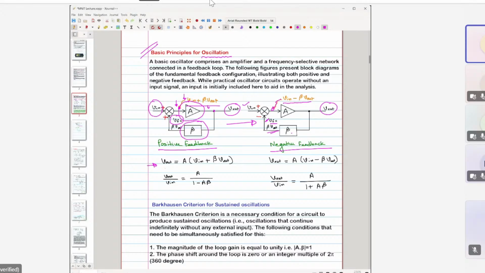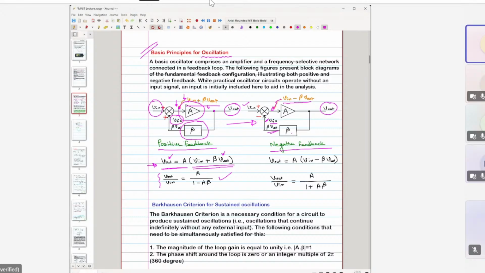So you can see the output voltage V out is equal to A, the gain, times the input. The input here is V in plus beta V out. Now you can see you have V out on both sides. If you take all the V out terms to one side and V in to the other, and take the ratio of V out by V in, you get V out by V in is equal to A by 1 minus A beta.